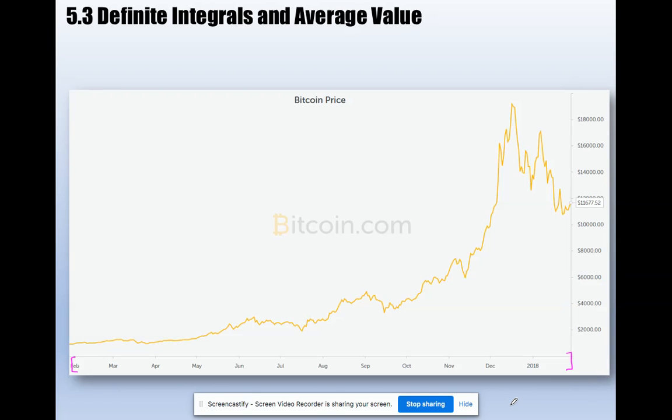Now notice that function is continuous. It's not differentiable because look at all those sharp corners, but I can integrate it. Right? Now notice that the domain values are months, and the y values are dollars, right? And when you want an average value, you just want dollars, right?